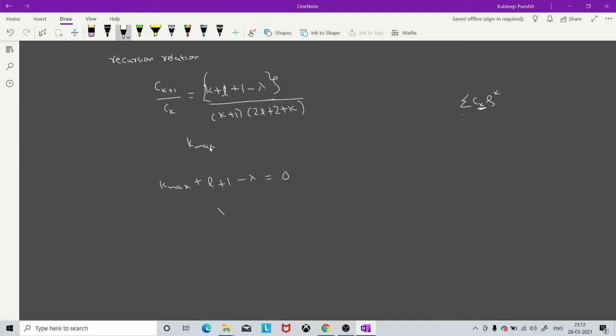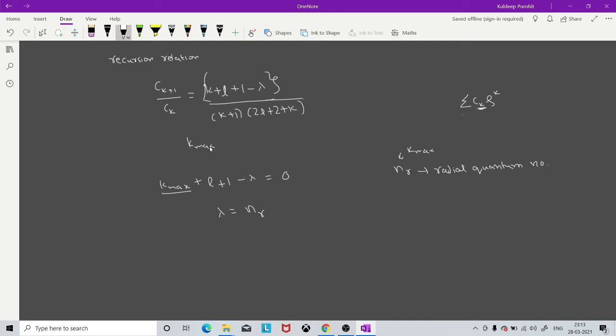Okay, so I can now find the value of lambda. In some textbooks k max is actually written as nr, and they call this the radial quantum number.